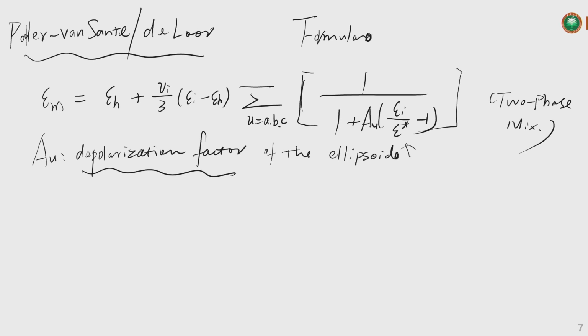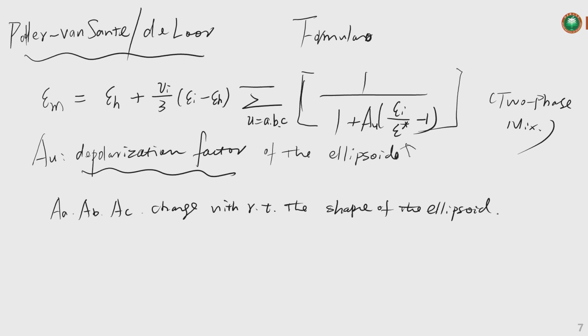That means if the shape of the ellipsoid changes, the AU, where U can be A, B and C, will change with respect to the shape of the ellipsoid. So we're going to introduce that later.